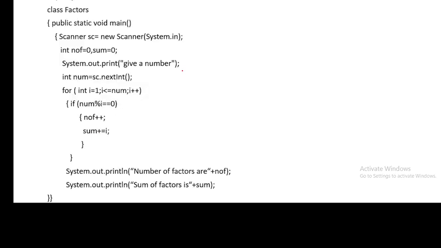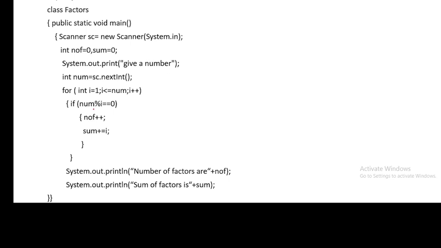Now here, when we check this condition and we get i as a factor, then we are storing the number of factors. We are counting the number of factors, as well as we want to print the sum of these factors.